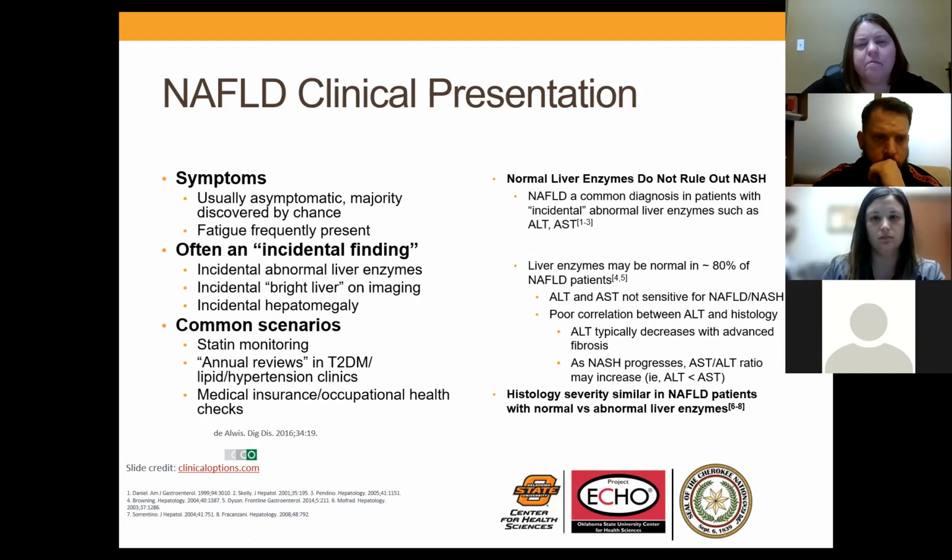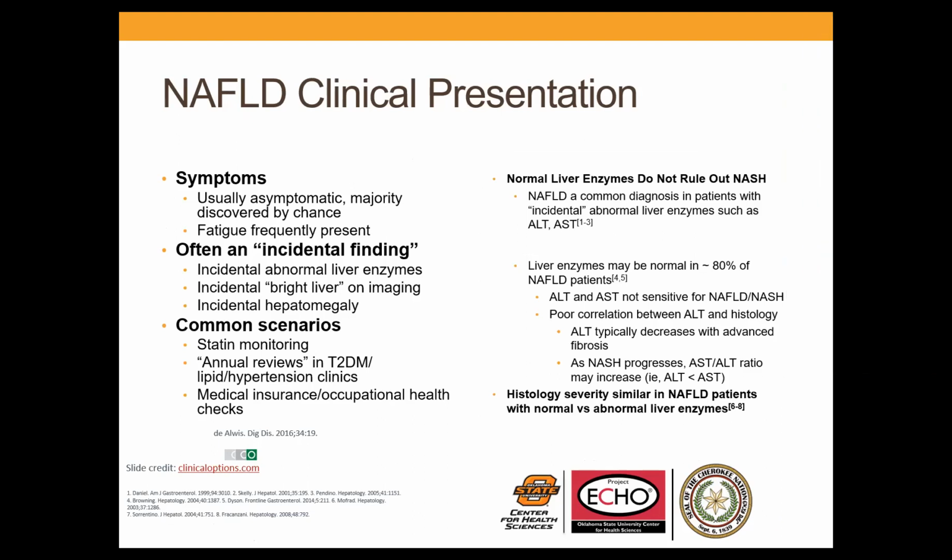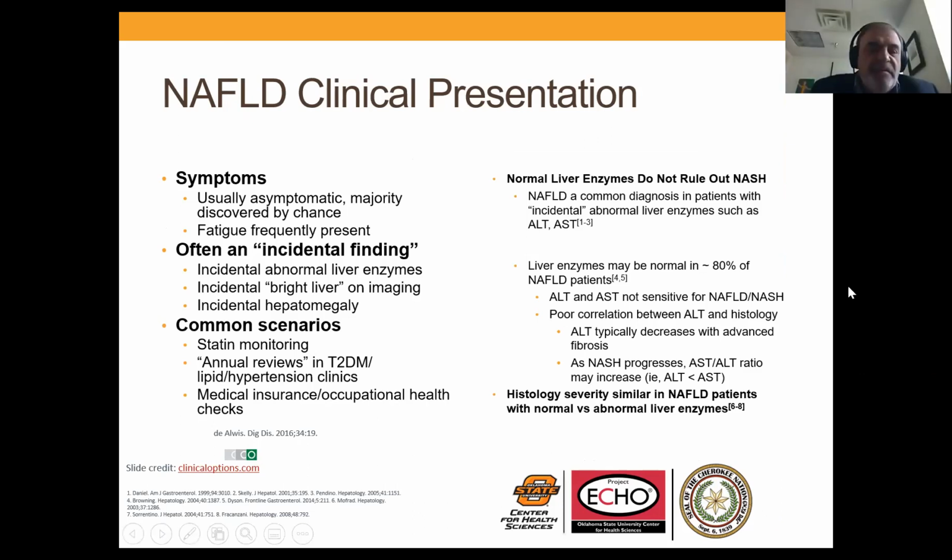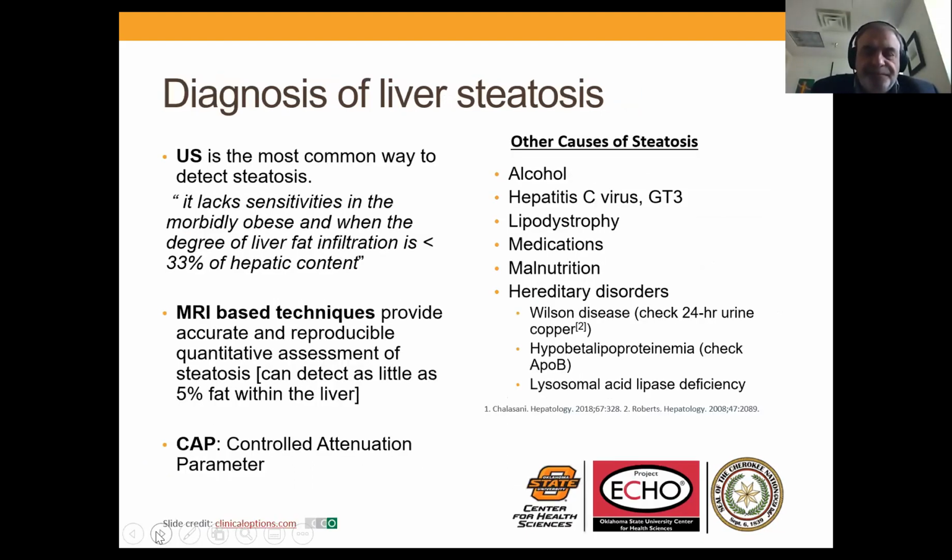Now there are some recommendations that you should be screening patients with diabetes for fatty liver. So many times it's an incidental finding, but now that we have more information, in the future we will probably have some screening interventions on a group of patients at high risk for fatty liver to identify it. Next.